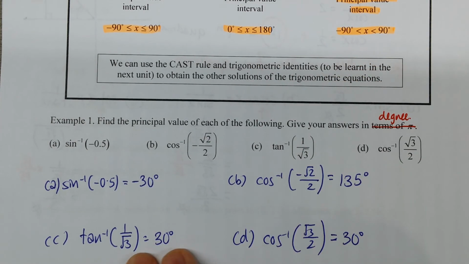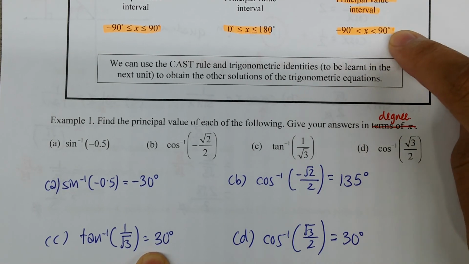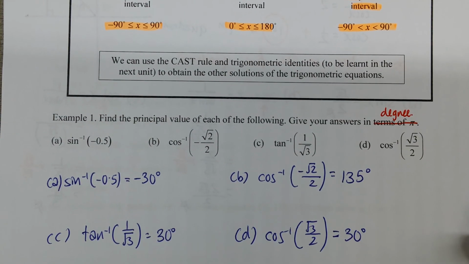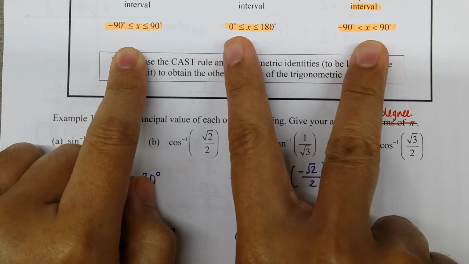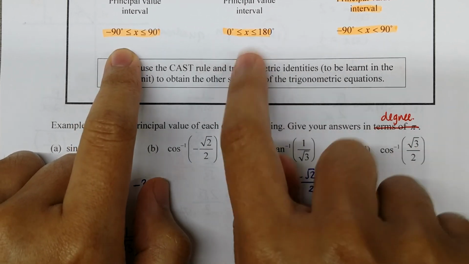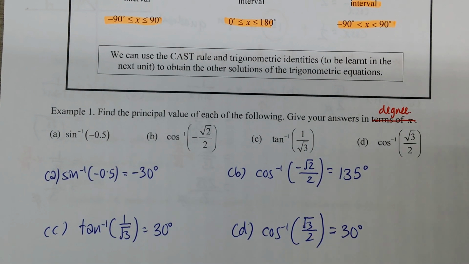And is it coincidental that tangent inverse 1 over square root 3 gives 30 degrees, and it lies between this range? You think about it. You may press your calculator to check: will your calculator answer get out of these three intervals? Think about it. I will stop here for 8.8.